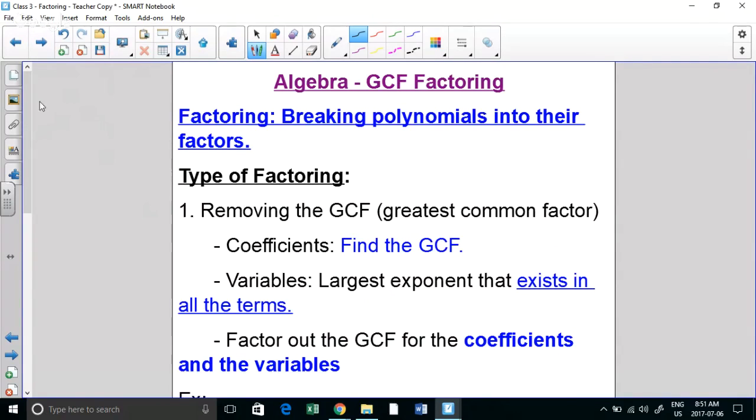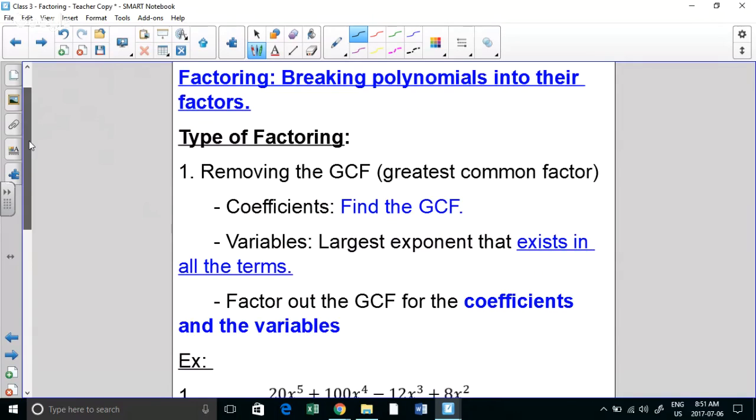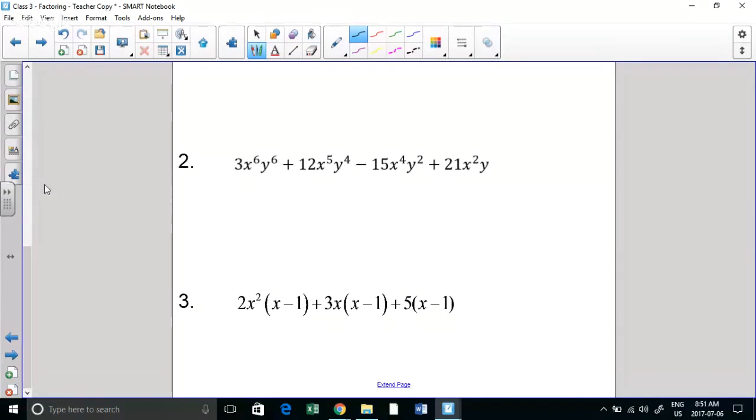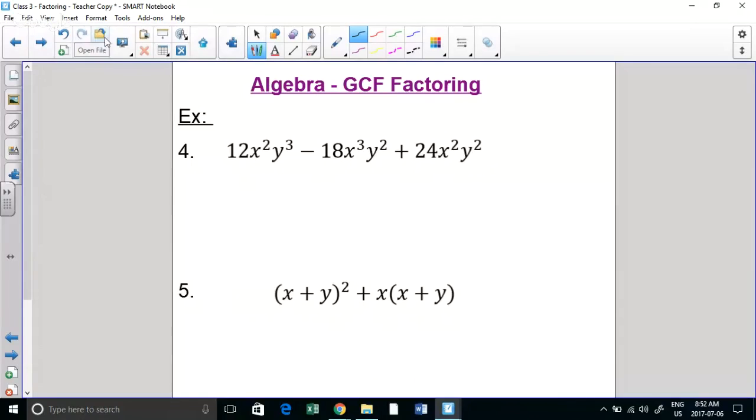Now about specific types of factoring. So we talked about GCF factoring, where we were looking at different expressions and taking out the greatest common factor. For instance, here, when I was taking out the greatest common factor, I would take out 6x squared y squared, leaving me with 2y minus 3x plus 4.